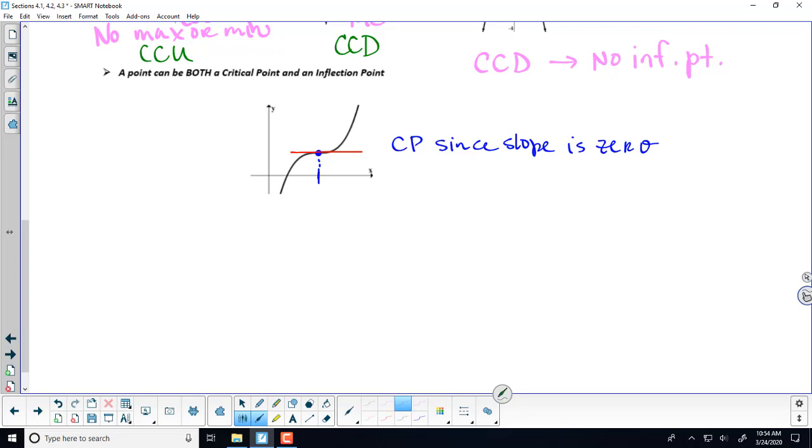And it is an inflection point because it is concave down to the left and concave up to the right. So it's an inflection point since the concavity changes.